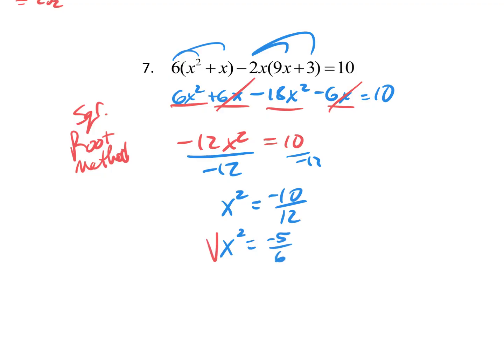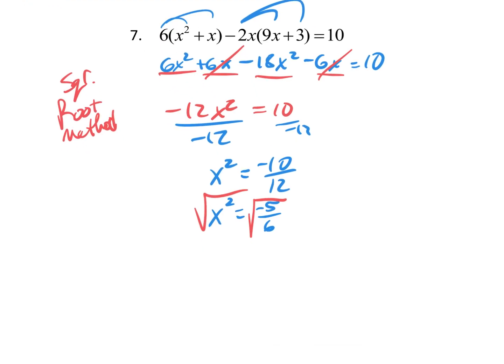And when we square root both sides, now we're taking the square root of a negative, so we're going to have an i. So x equals, we need plus or minus because we had a square root. And we're going to have i. And let's see, we got the square root of 5 over the square root of 6. We don't want to leave it that way, though, because we don't want to leave the square root on the bottom. Well, how do we get rid of that square root?